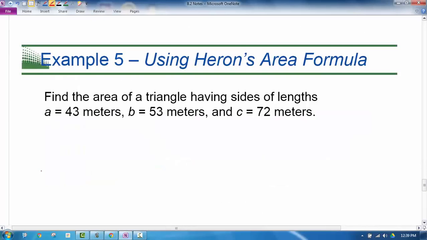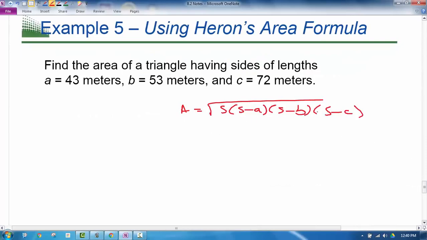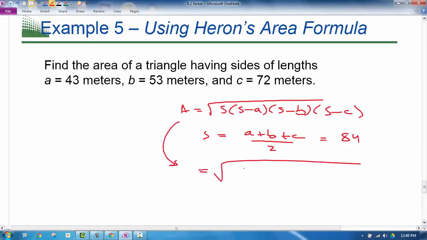Here's an example problem where you can find the area of this triangle. We're going to use this formula right here, where S is a plus b plus c all divided by 2. If you plug in the side lengths, 43, 53, and 72 for a, b, and c, you get 84. Then you can plug this into the formula. This will be the square root of S, which is 84, times 84 minus 43, which would be 41. I'm sorry, I said 42 earlier, this should have been 41.